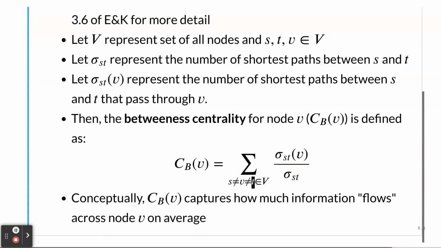Conceptually, what this betweenness centrality is capturing is how much information would have to flow past a particular node in our graph if we were to construct some random path between two random nodes in our graph.